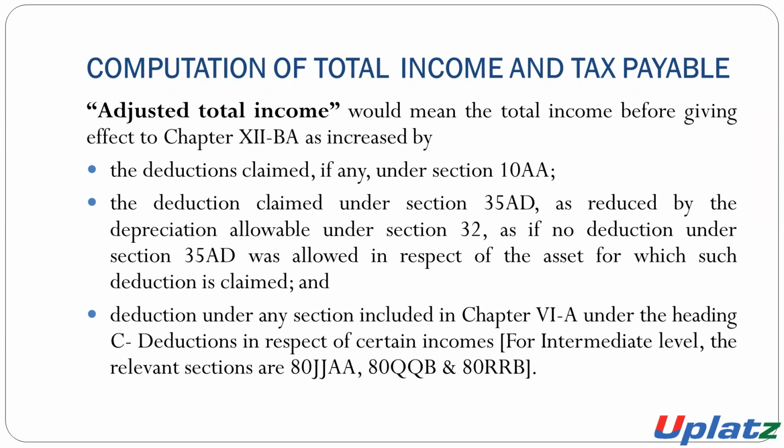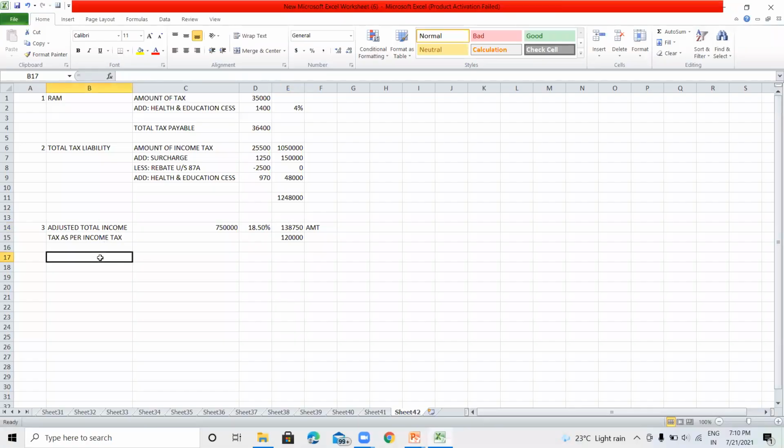10AA. For example, the total income of the assessee is 7,50,000.